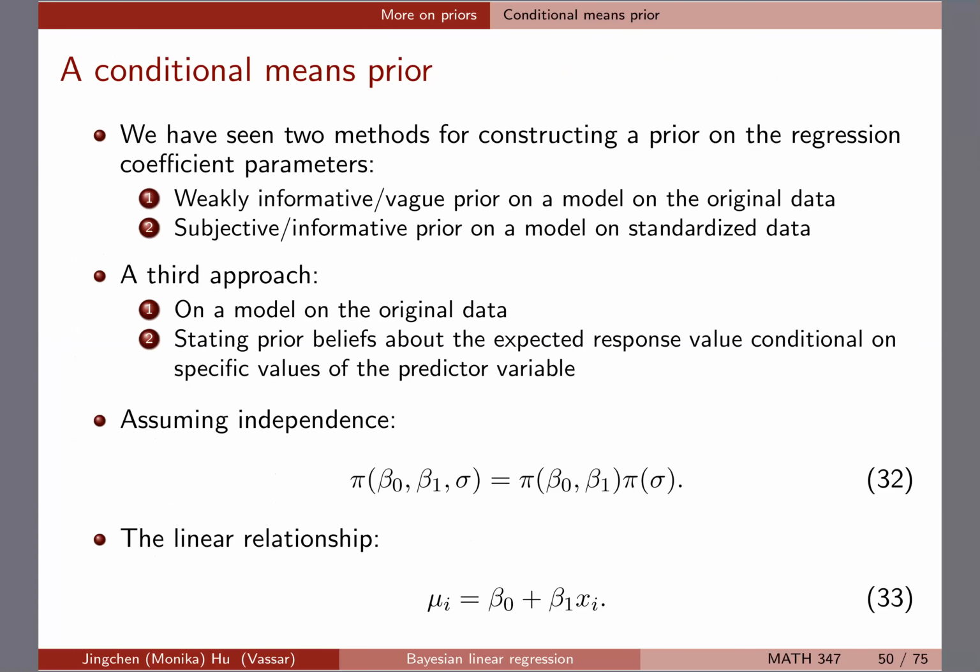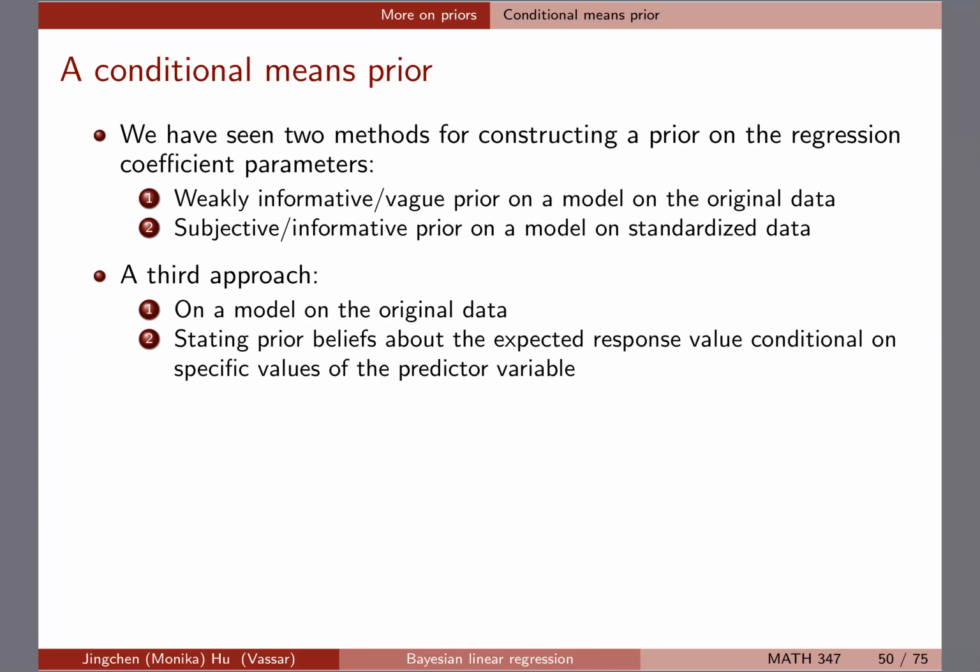Conditional means prior is trying to not put the prior directly on betas, because betas are hard to interpret if you don't standardize the data. So we're trying to figure out other ways to convey the prior if you do have a prior belief.